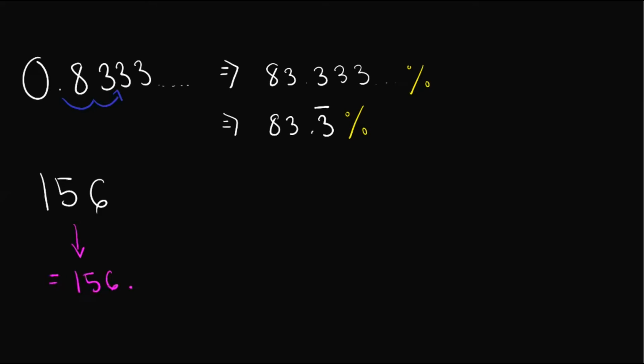So we know that we can move this one twice. So we know that there are some necessary zeros out here. So this would give us 15,600%. A very large percent, but that is the right answer for this one.